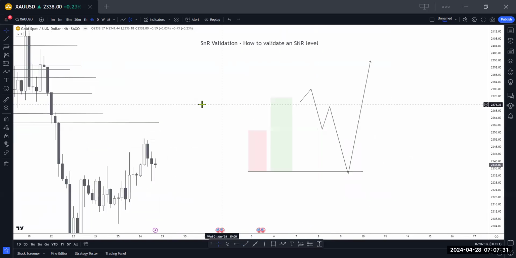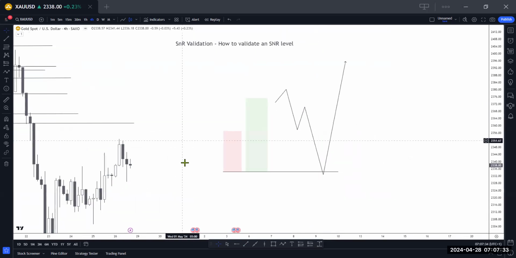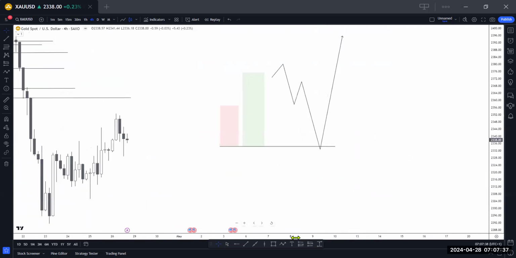So one of the first things you want to pay attention to when you want to validate an SNR is to look for a miss. So number one, miss. So what's a miss? A miss is an initial attempt of price to tap an SNR level.